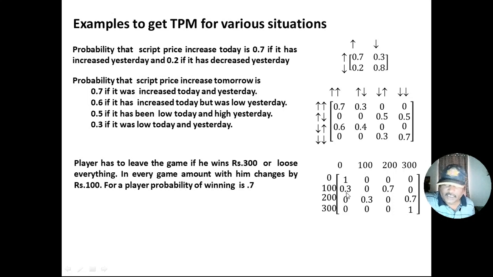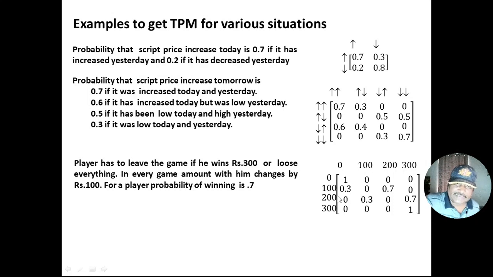Likewise, the player who wins rupees 300 has to leave the game. So the 300 state will continue to be in the state of 300. The probability of 300 returning to 300 is 1. 300 cannot drop down to 200 or 100 or 0.